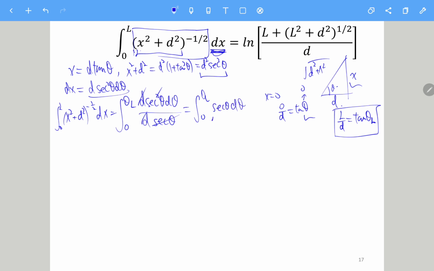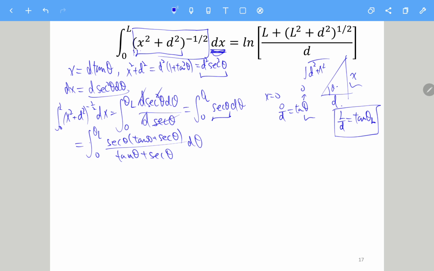A trick here is to multiply and divide by tangent theta plus secant theta. So we have tangent theta plus secant theta times secant theta d theta.